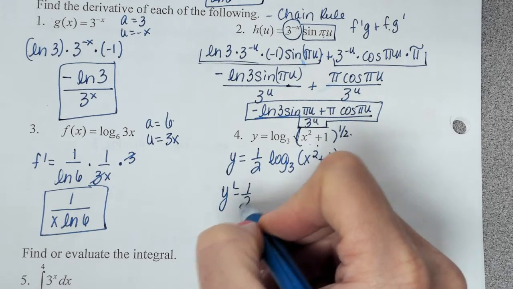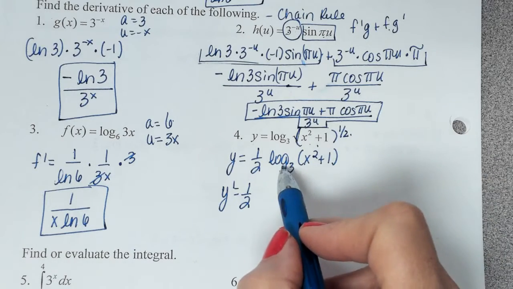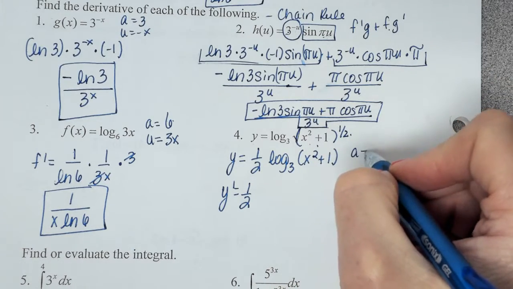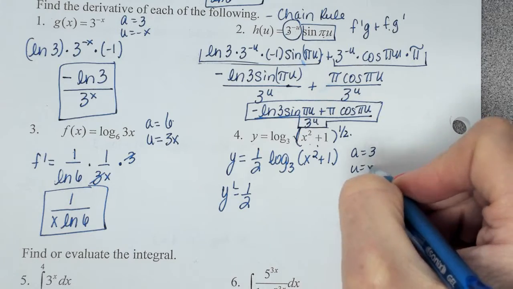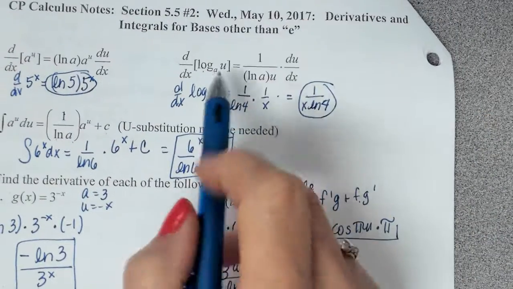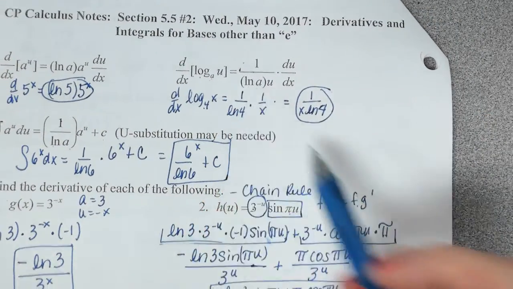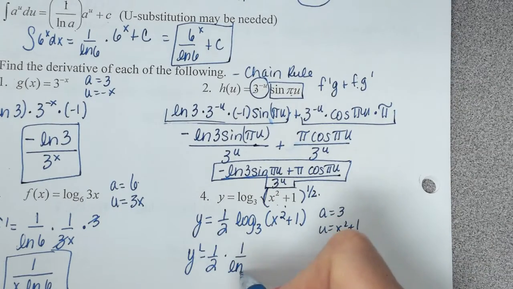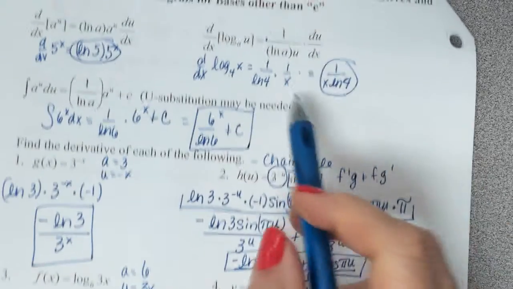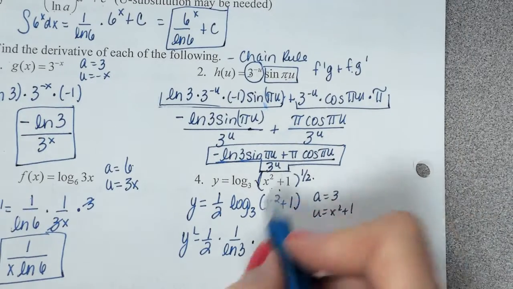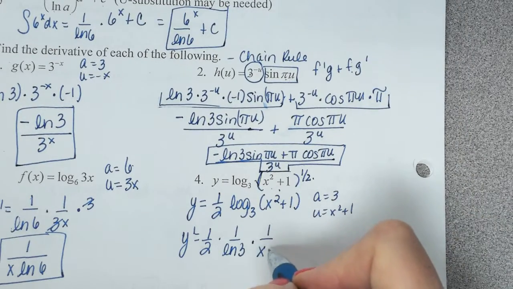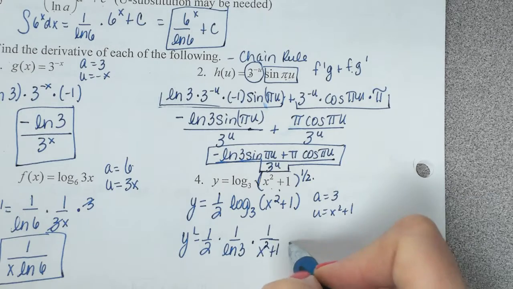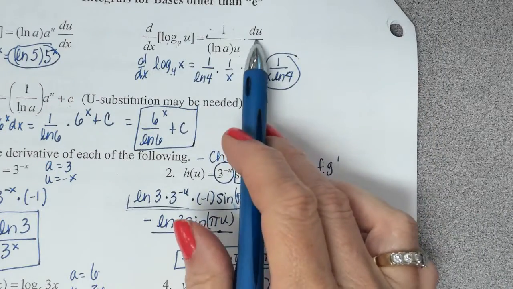But if I bring this 1/2 out in front, the derivative's pretty easy. I bring down the 1/2. I look up here, my a is 3, my u is x squared plus 1. I look up the formula, here it is. So it's going to be 1 over natural log of 3 times 1 over u times the derivative of u.